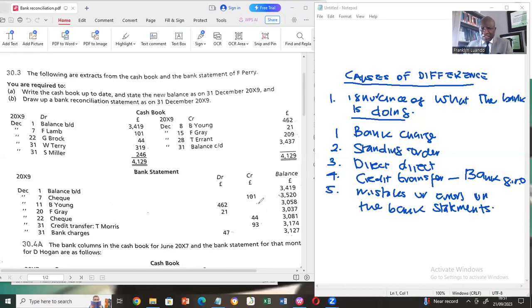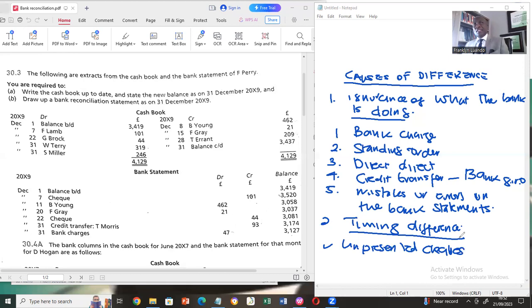Now we can look at timing difference. This is number 2. The timing difference will be caused by number 1, unpresented checks.